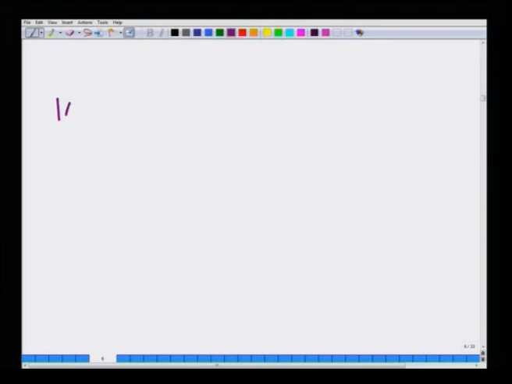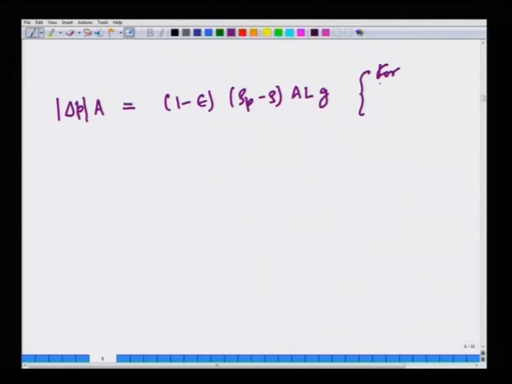So, essentially we relate delta p times A, the upward force, to the downward force at steady state at the onset of fluidization. And this will give you the criterion for the minimum velocity for fluidization.